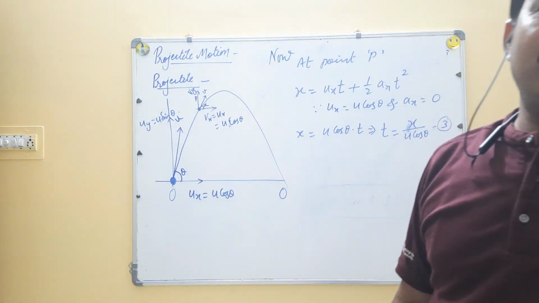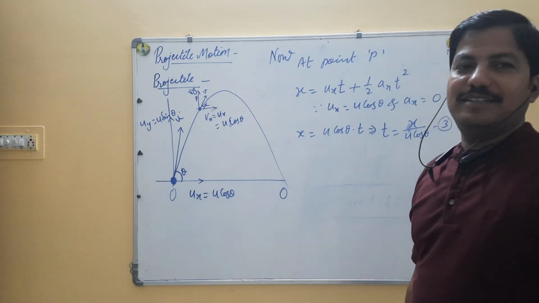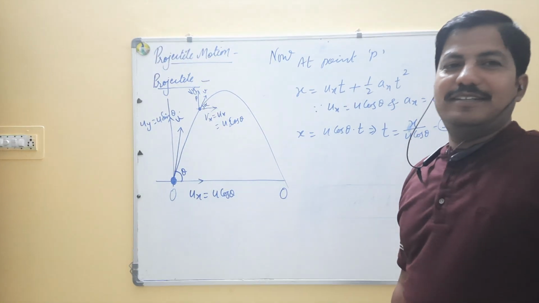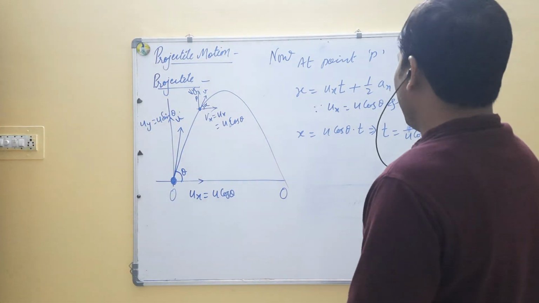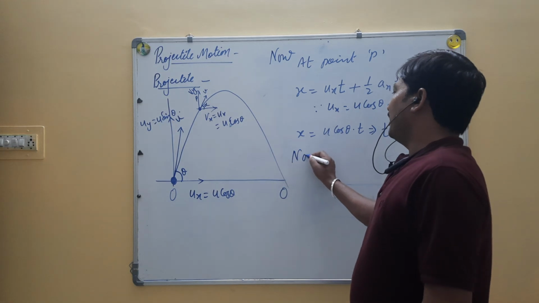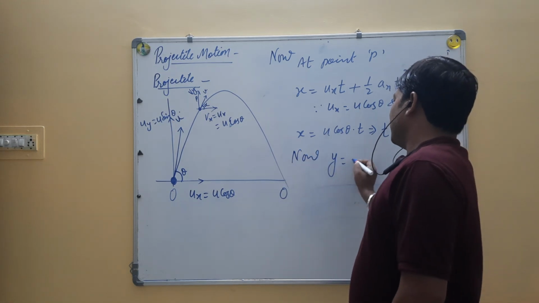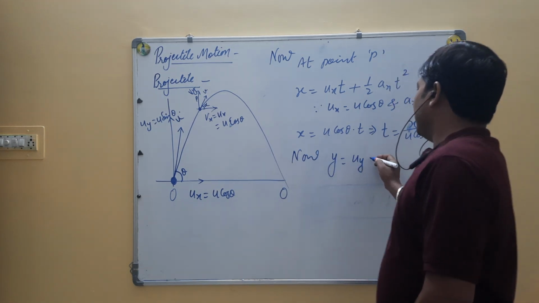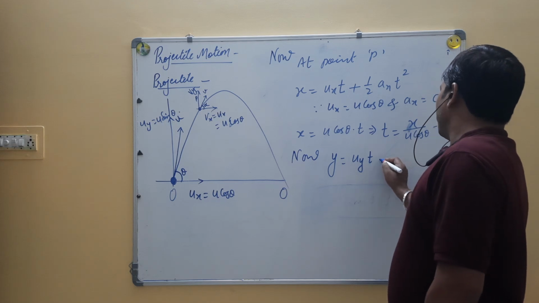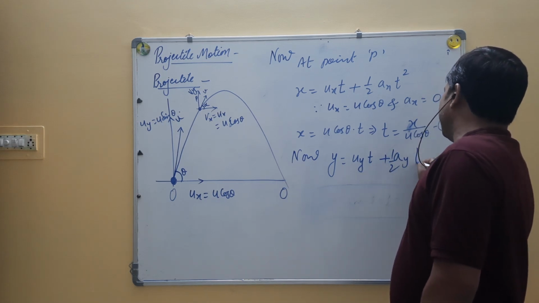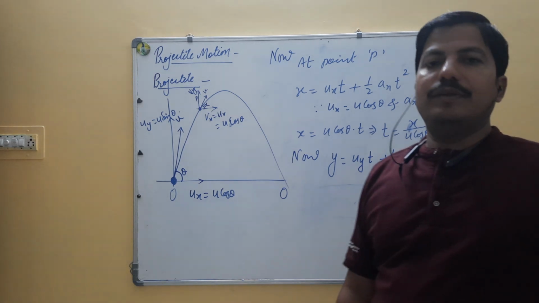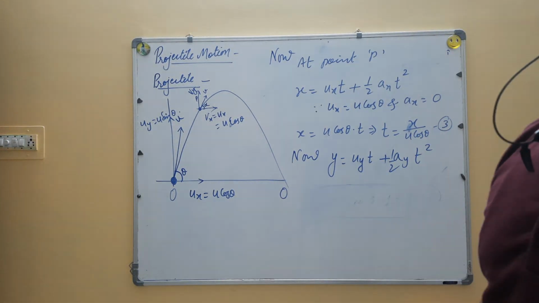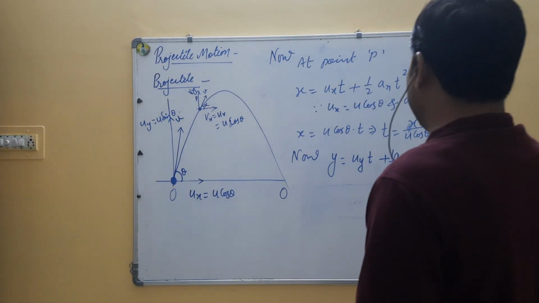These are important for you. Now the y coordinate is uy into t plus 1 by 2 ay t square. This is the displacement along the y direction.